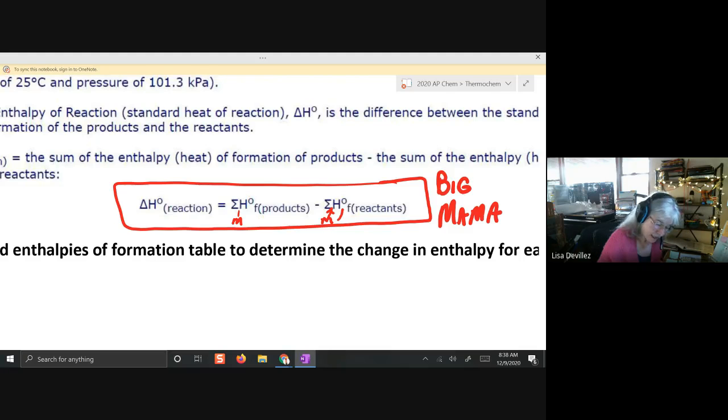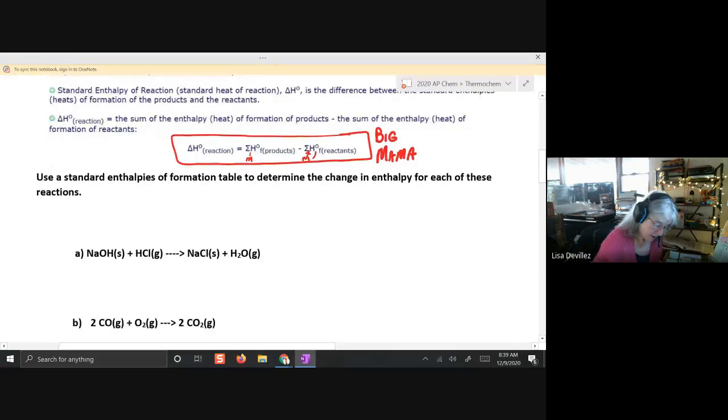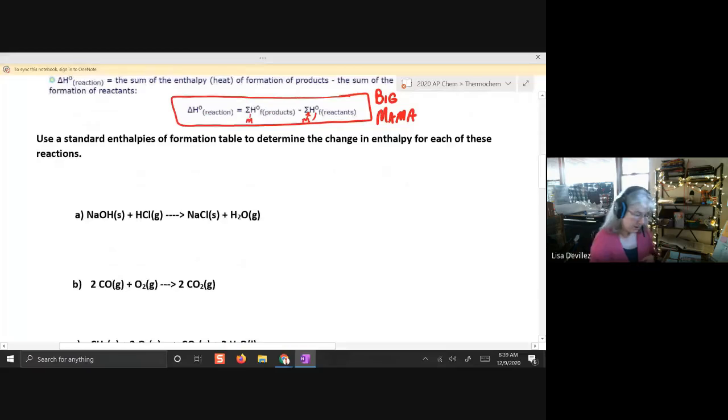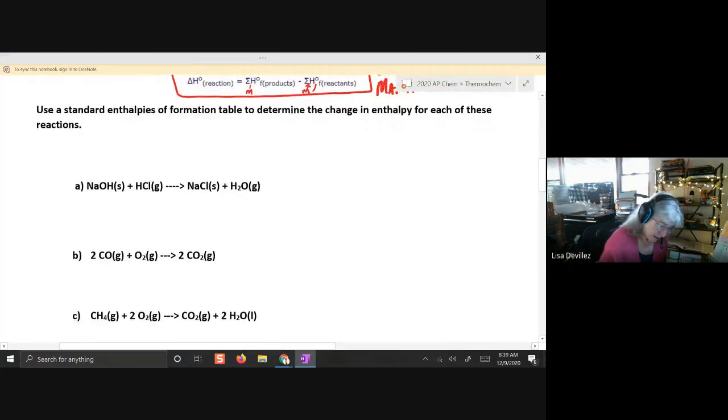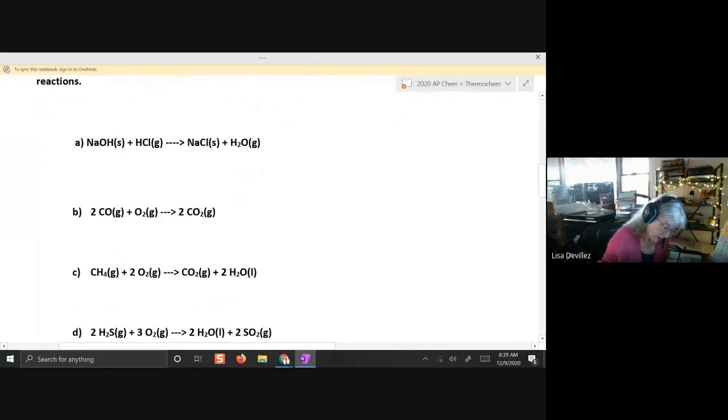All right, so let's take a look at how we would apply this. Let's do one that actually has reactants on it. So let's look at B. Products minus reactants.